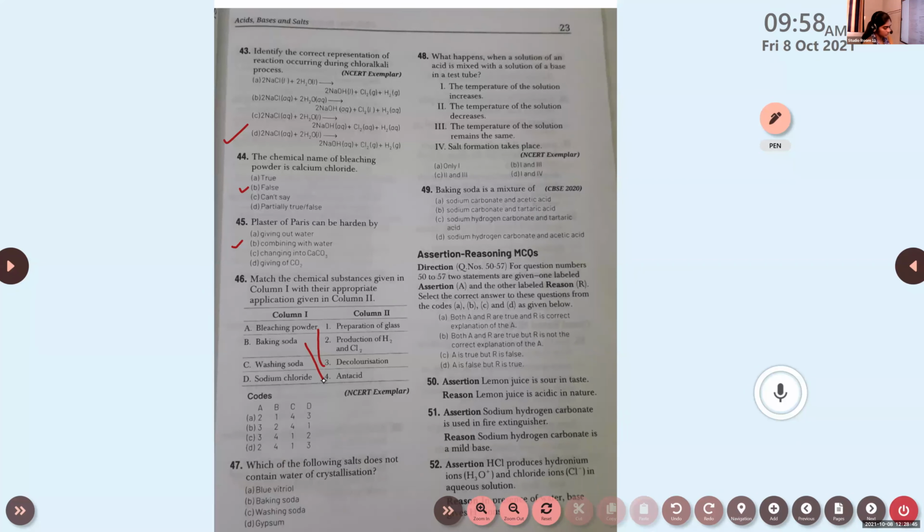Yeah, washing soda is used for the preparation of glass. The last one is sodium chloride. It will be used for the production of H2 and Cl2 through chloralkali process. So among these four options, A, B, C, and D, which one? Option B, right? Okay, B.